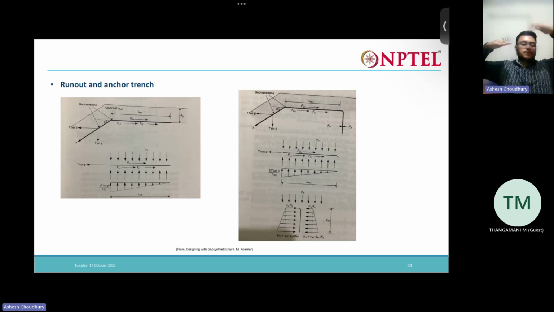Above that geomembrane, you have covered it up and placed some soil cover. So you place some soil cover above it.